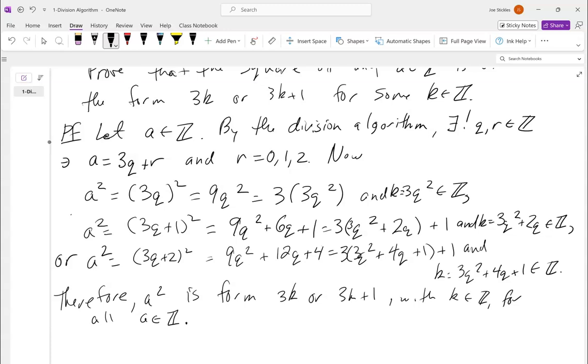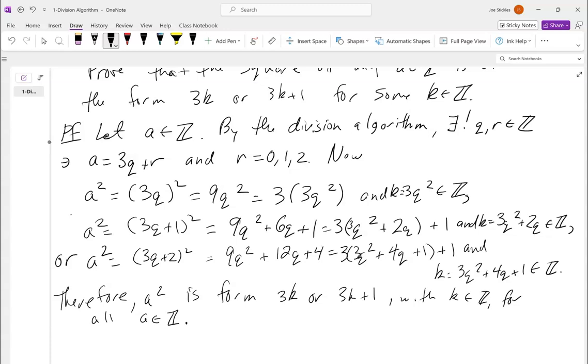Okay. So this is, I would say, a pretty prototypical example of how you use the division algorithm to start to write something. Notice in this case we divided it by 3, so it has to be a 3K, a 3K plus 1, or 3K plus 2.